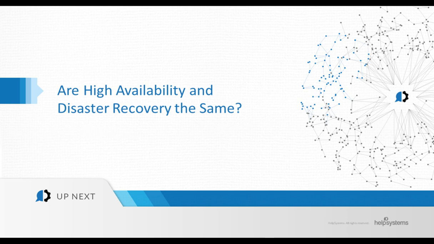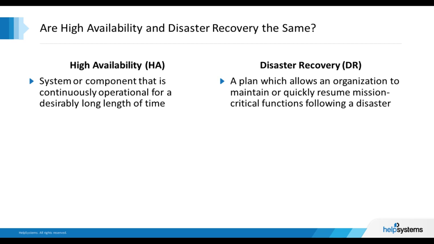So I posed this question at the start. Are HA and DR the same? Well, I hear them used interchangeably, randomly, but there is a subtle difference between HA and DR. So DR, or disaster recovery, is really for getting data out of one data center into another.